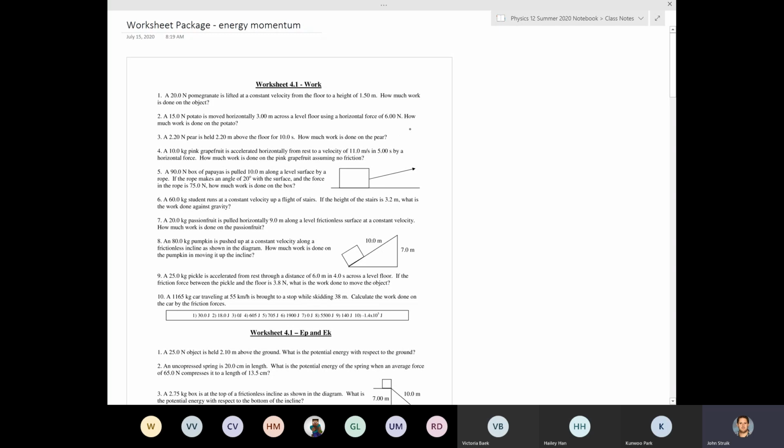Remember that work is a change in energy, so something has to change. Either the height has to change or the velocity has to change. But because the pair is just being held there, there's no change in energy. If it said someone was lifting it up, then there would be work.